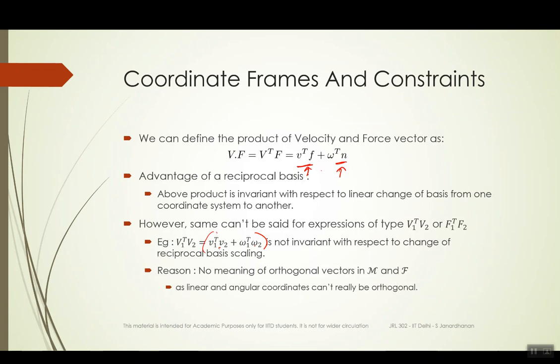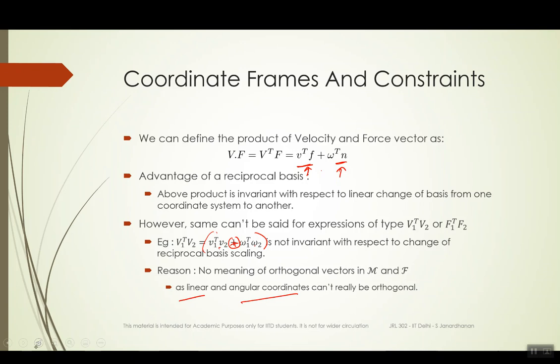But a velocity times a velocity and an angular velocity times an angular velocity are not even the same units. So this summation itself is ambiguous. As I said, the linear coordinate and angular coordinate can't really be orthogonal to one another.